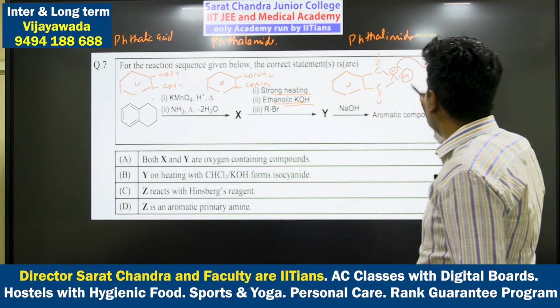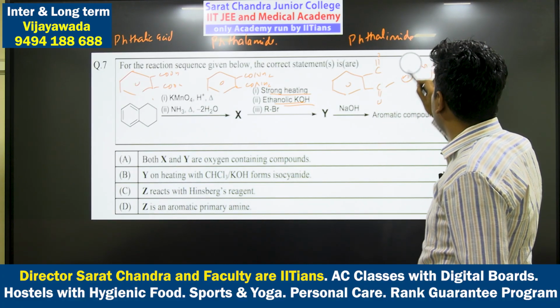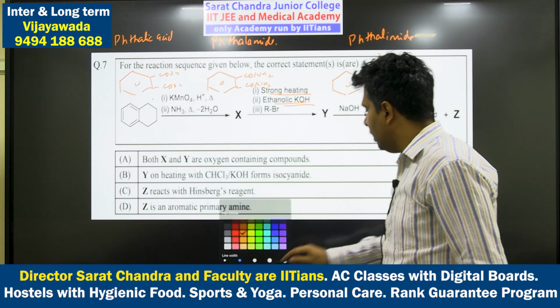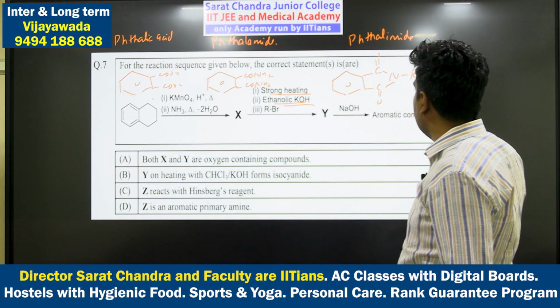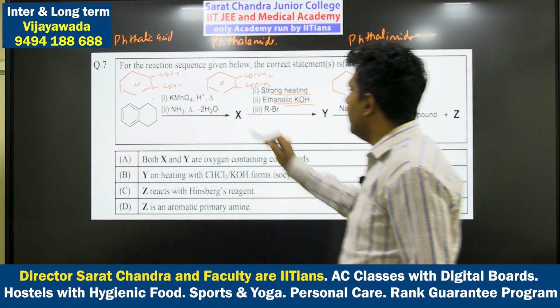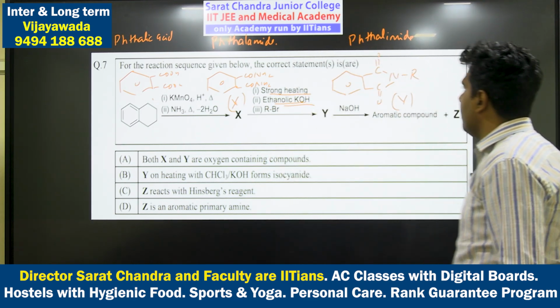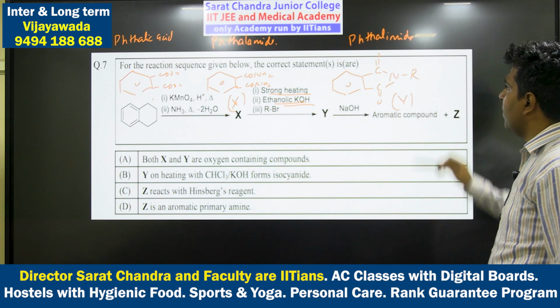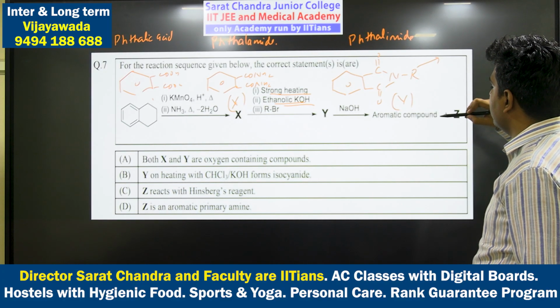So what is the final product Y? The final product Y will have the alkyl group, that is R, attached to the nitrogen. So this will be Y. This is X. Now Y with NaOH, what will happen? Hydrolysis will take place.